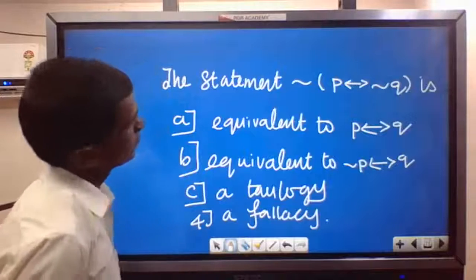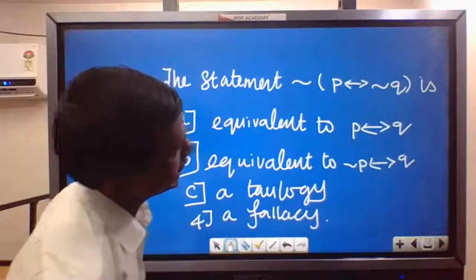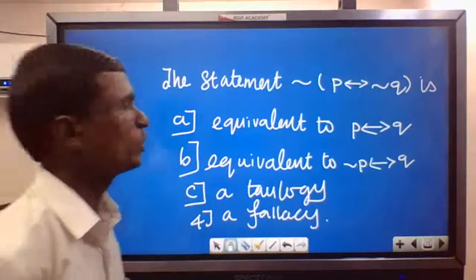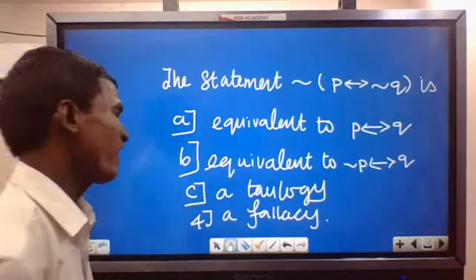Your statement, negation P and negation Q is equivalent to, here tautology, fallacy.